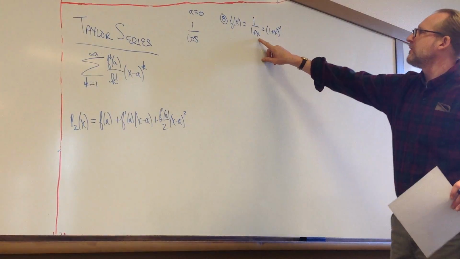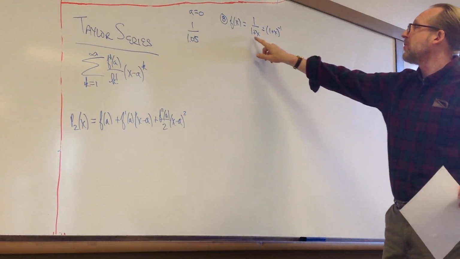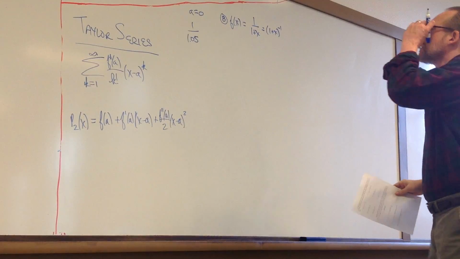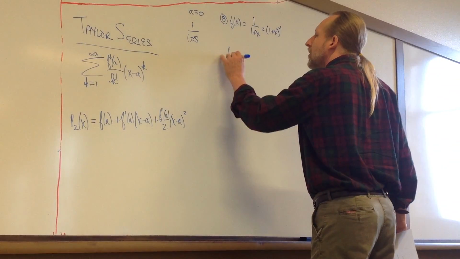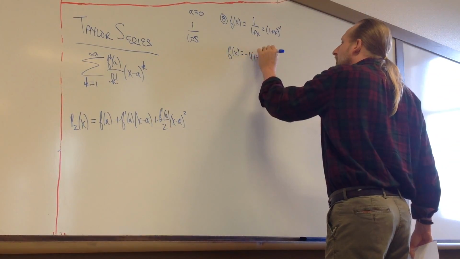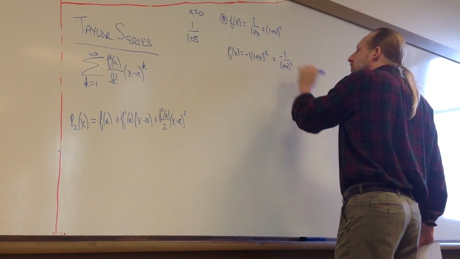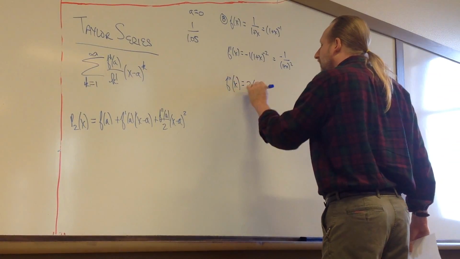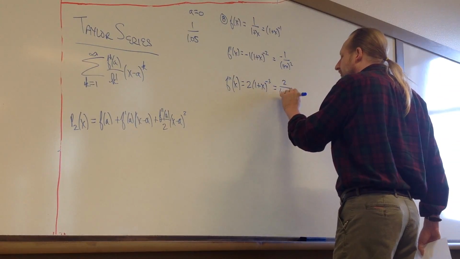Notice that when we do that, our x value will be just the 0.05 part because we've already got the 1 right there. So f prime is going to be negative 1 times 1 plus x to the negative 2, and f double prime is going to be positive 2 times 1 plus x to the negative 3.